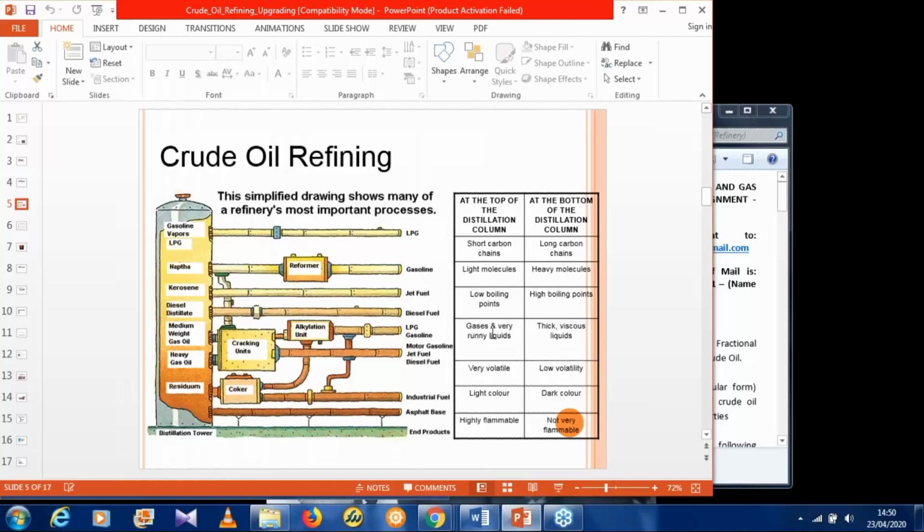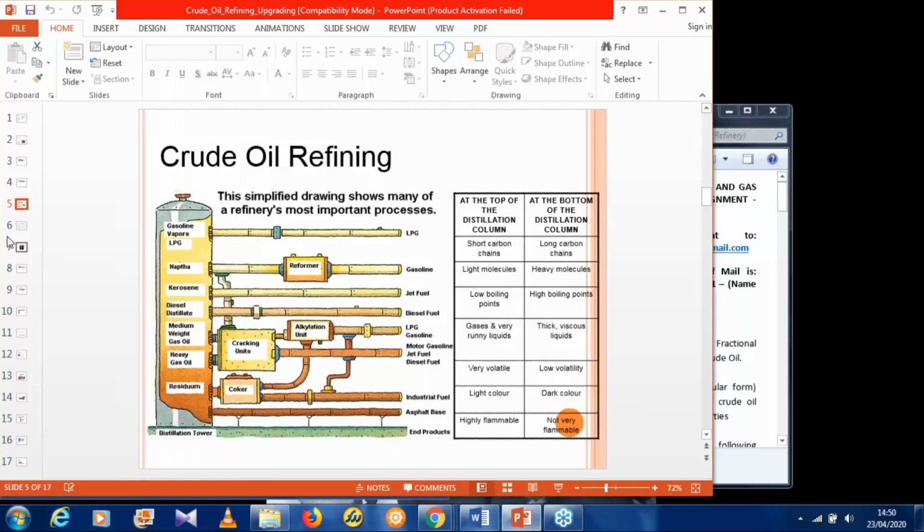The ones that have lower boiling points are usually recovered at the top. The ones that have higher boiling points are recovered at the bottom. Then gases are very runny liquids also at the top. You know, gases are very light, but the thick and viscous liquids are at the bottom.